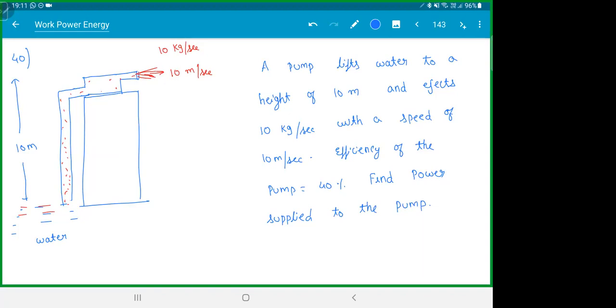Anyone who didn't get the question, please ask. You're lifting water to a height of 10 meters and then throwing it out with a speed of 10 meters per second at a rate of 10 kgs per second. And the pump is only working at 40% efficiency, meaning all this is happening with only 40% efficiency. Then how much energy are you actually supplying to the pump?